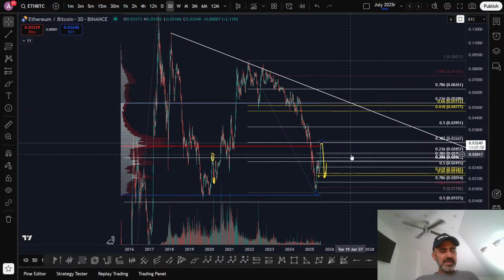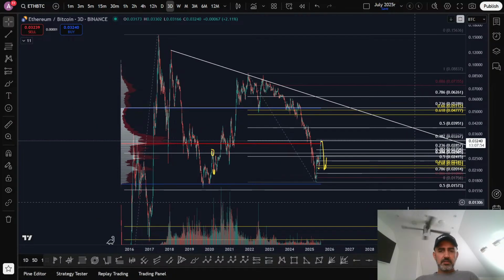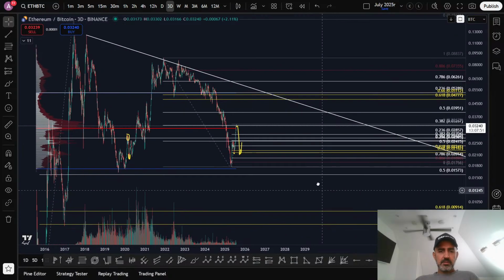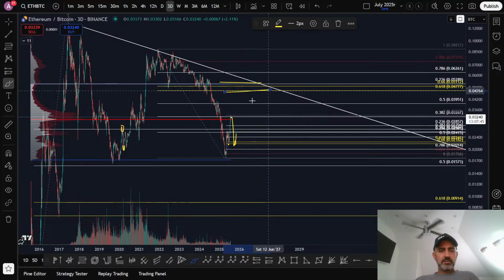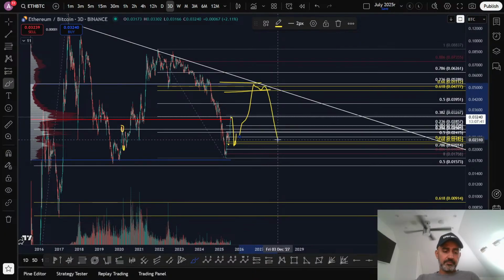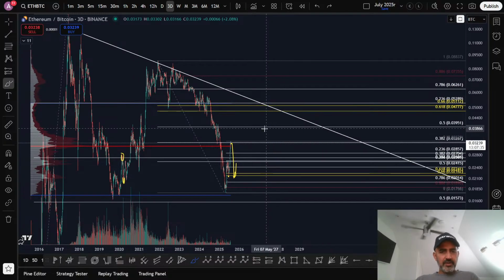I am possibly thinking that we only go as far as here. That's like your target. And I don't know when. I feel like we should go up quite fast just because we dropped quite fast.